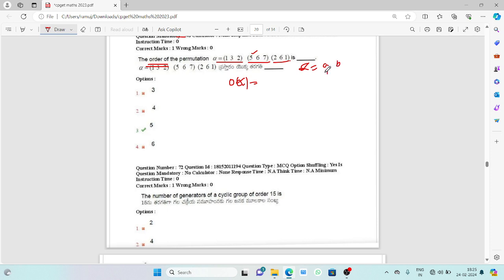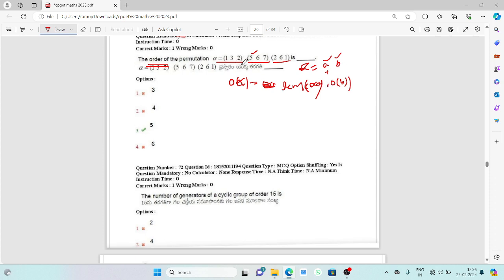So it contains cycles, I am not saying that they are elements. So the order of alpha is the LCM of order of A, comma, order of B. So that is the formula for whenever these type of distinct cycles are there.